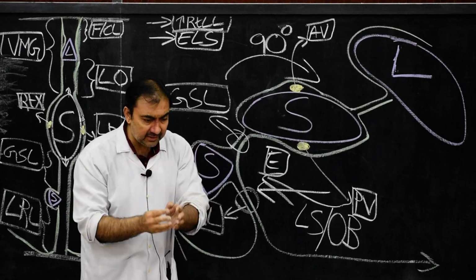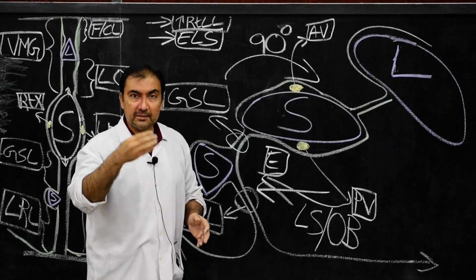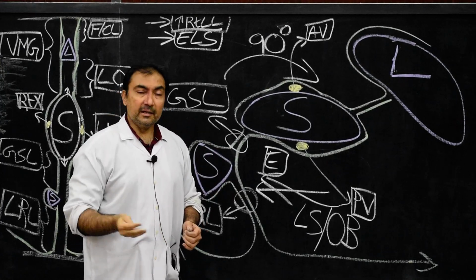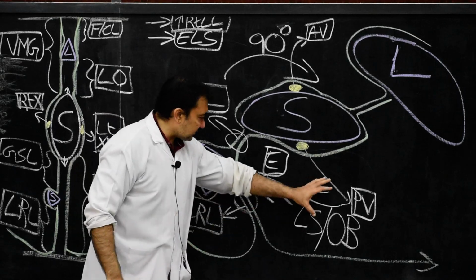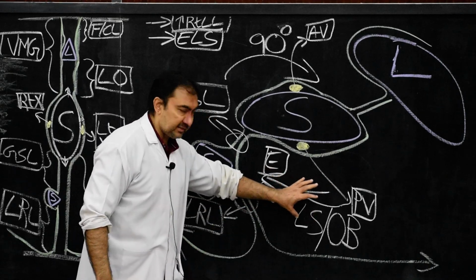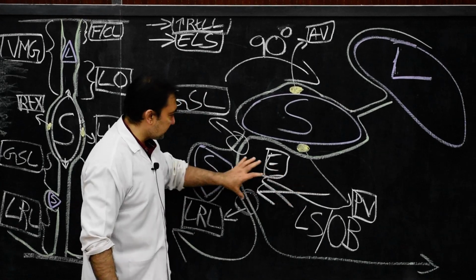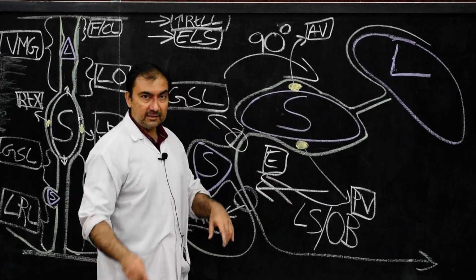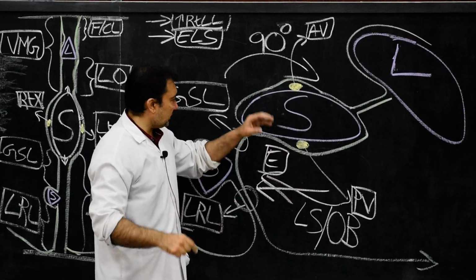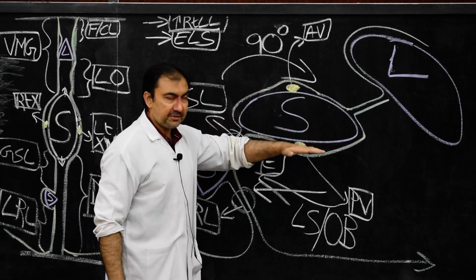So greater omentum layers are derived from dorsal mesogastrium only. And how is it derived? Because of the extension of this cavity of the lesser sac, or cavity of omental bursa, towards the left, dorsal to the stomach. And this is one of the reasons for rotation of the stomach 90 degrees to the right side.